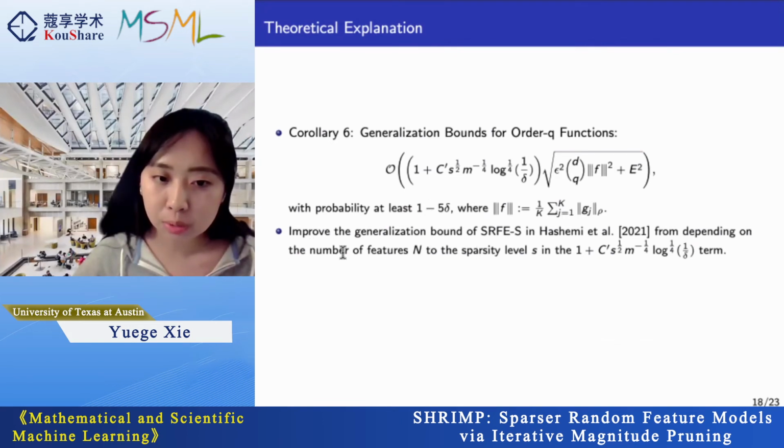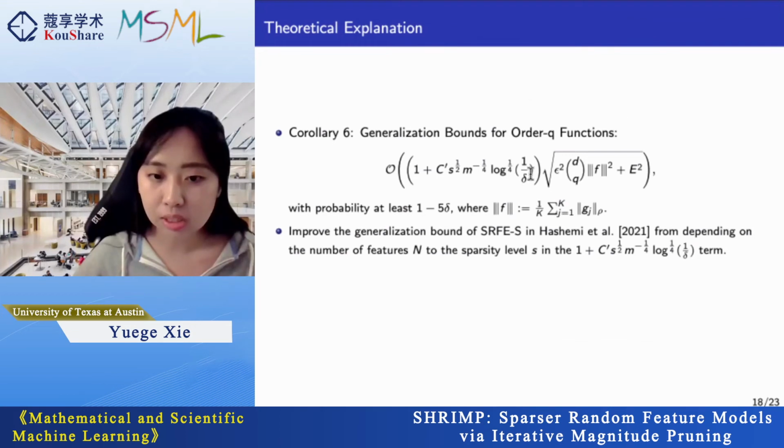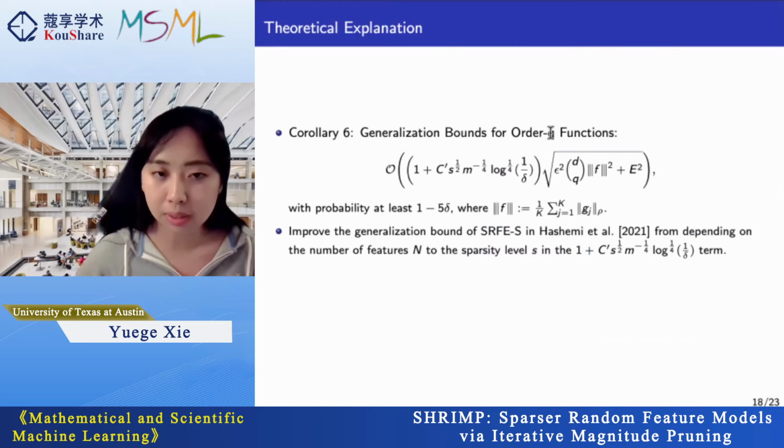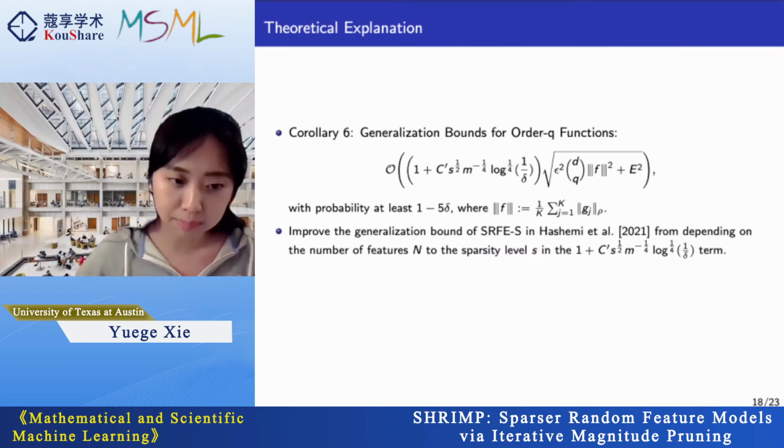And I would like to mention we improved the generalization bound in the SRFE in Hashmi et al. And we also remove the dependence on the number of features, changing that from the number of features to the sparsity level S. So that's our improvement in the theoretical explanation.